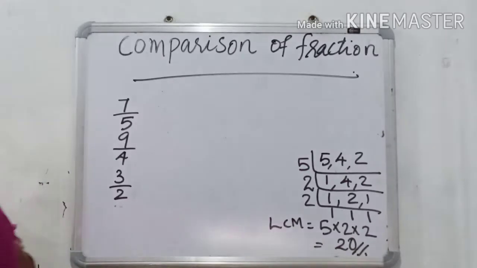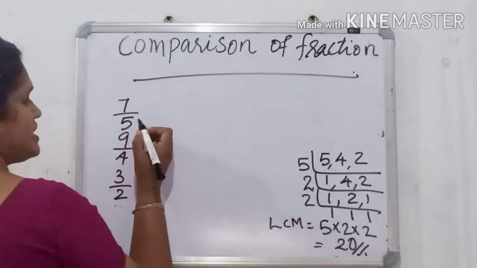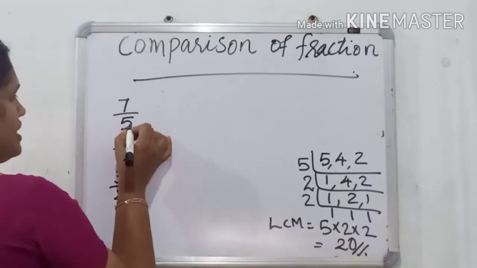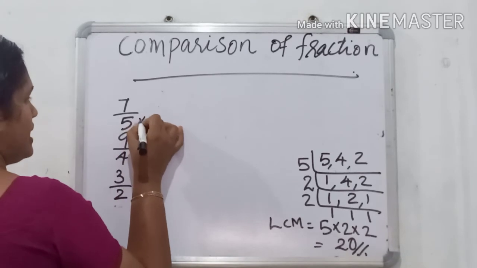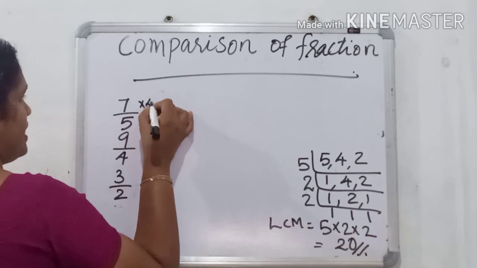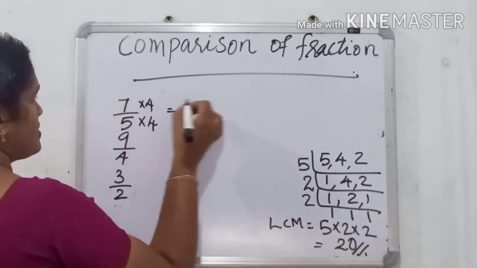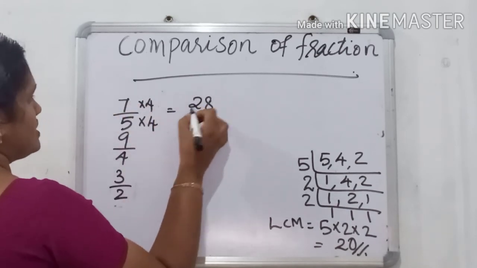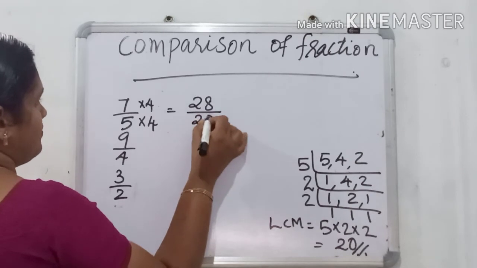Next, we have to convert all denominators into 20. To convert this 5 into 20, we should multiply here by 4. Numerator and denominator by 4, which equals 7 4's are 28 by 20.